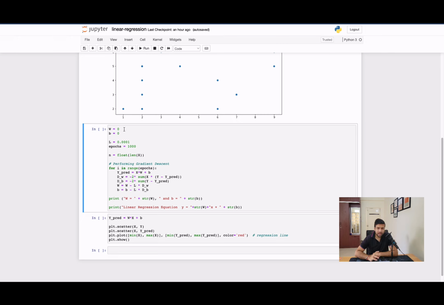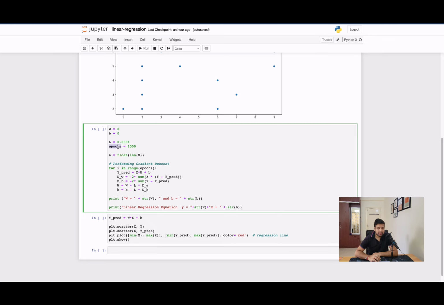There is no one correct answer to the initialization of parameters, but generally we tend to initialize the parameters with 0 itself, but you can try other values as well if it suits your use case. Then L is the learning rate, which we discussed. I have kept the learning rate fairly low, and you can modify it by fine tuning.